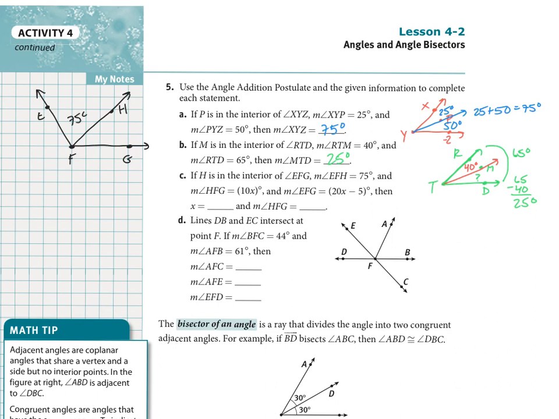So I'm going to label this 75 degrees. And it says the measure of HFG. Whoa, it's 10x. Interesting. Okay. And then it tells us the measure of EFG, this whole entire angle here, is 20x minus 5.